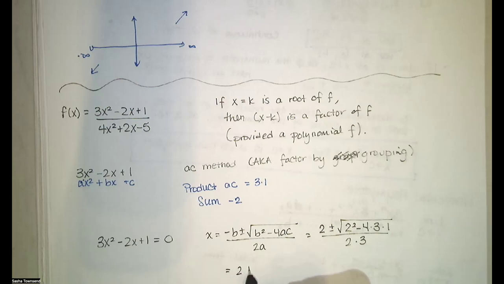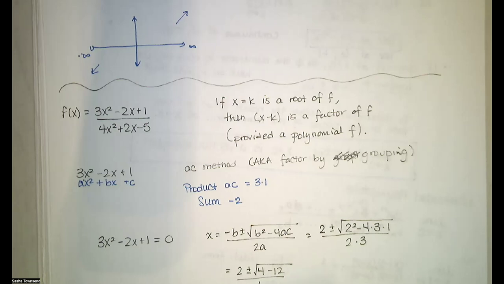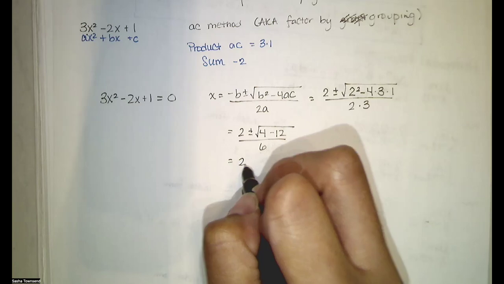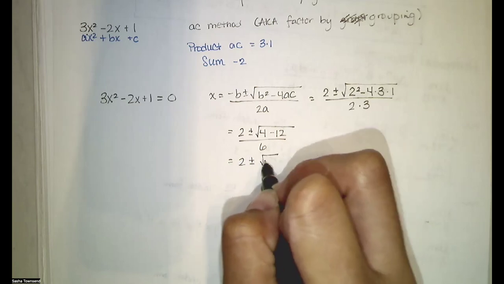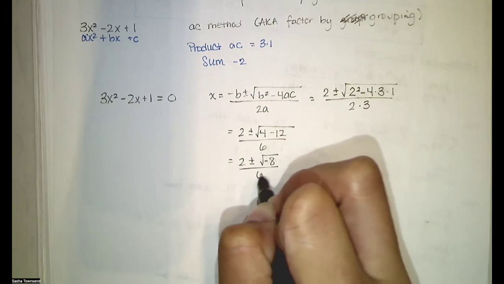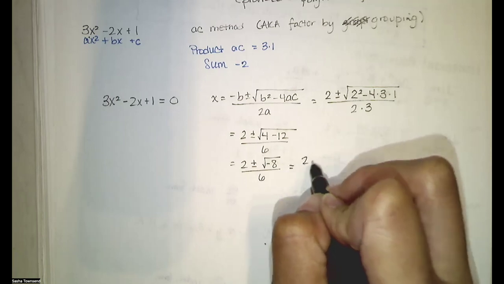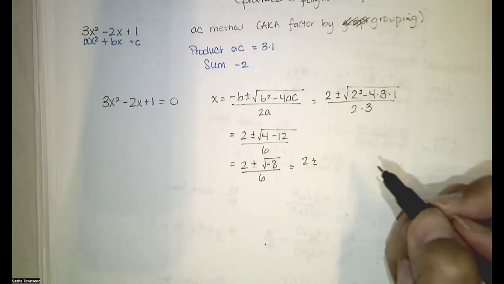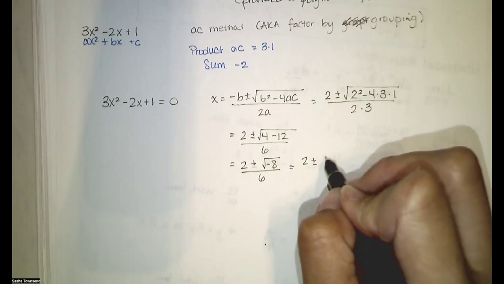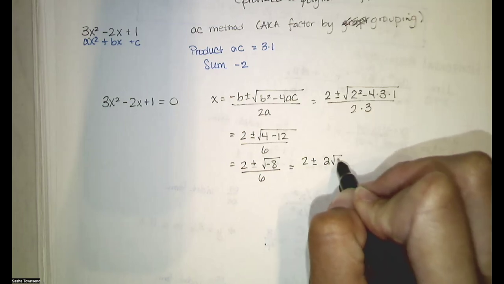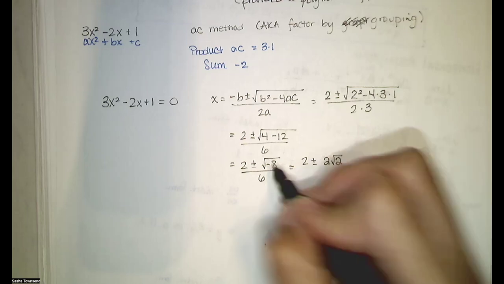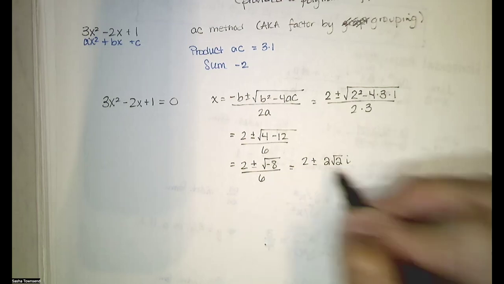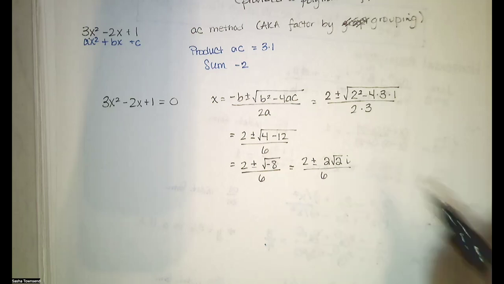And so we've got 2 plus or minus the square root of 4 minus 12, divided by 6, which is 2 plus or minus the square root of -8, divided by 6. The square root of 8 is the square root of 4 times 2, so the square root of 4 is 2. The square root of 2 can't be simplified, so we'd write that there. Since that's a negative, you get an i outside. And then you divide all of this by 6.